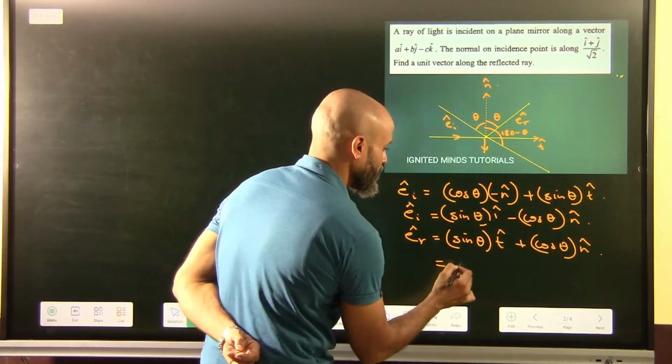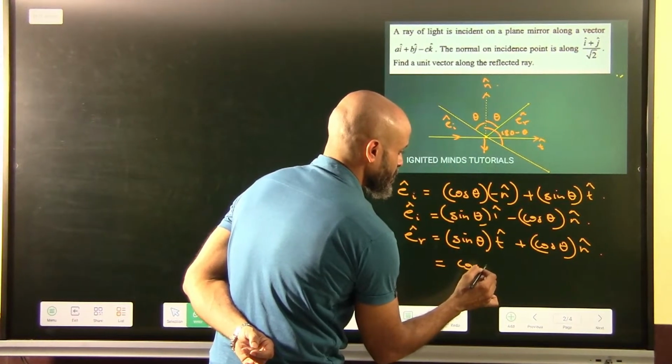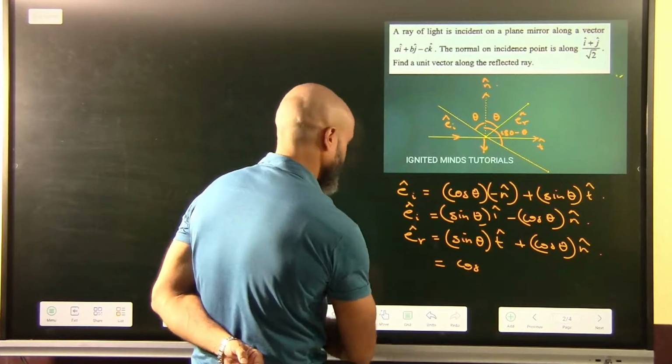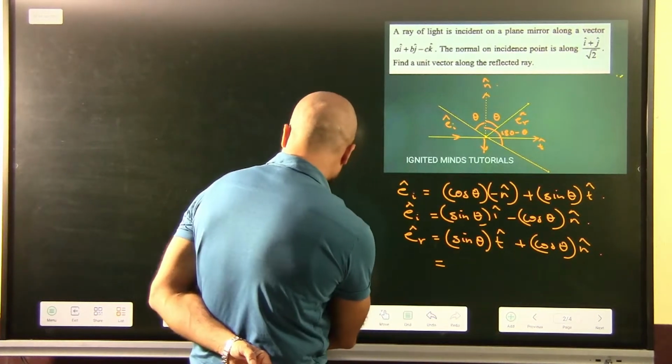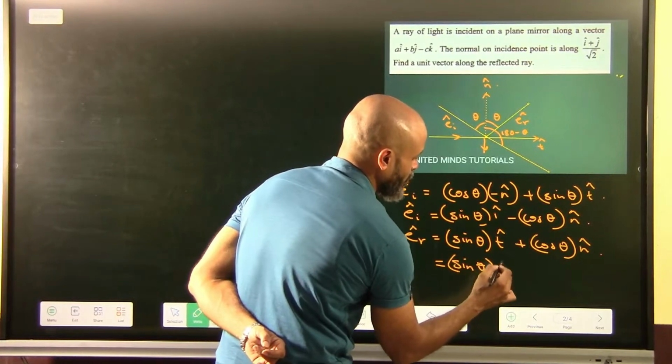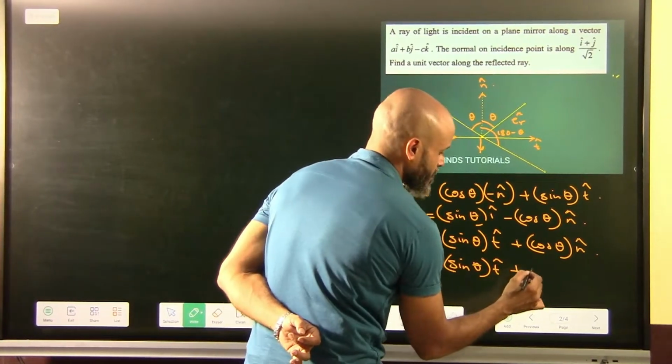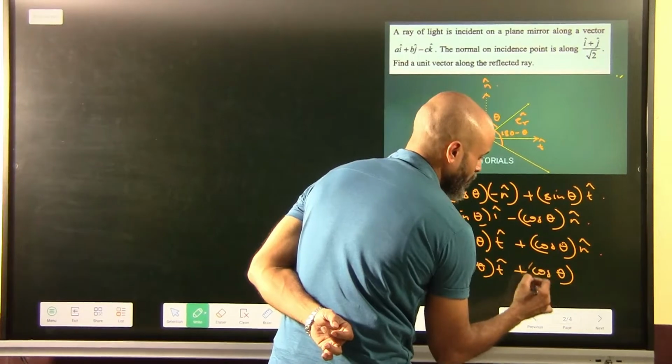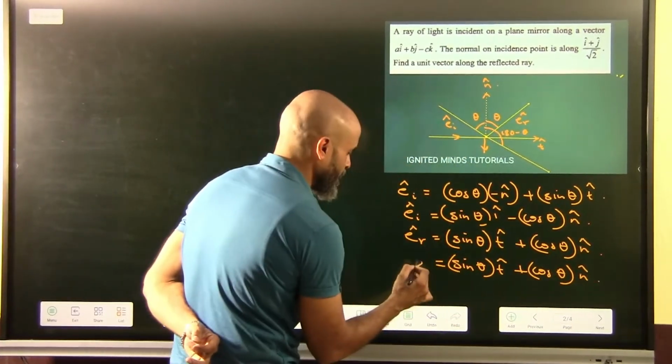So here it will be sine theta along the tangential component, that is this component, plus cos theta into normal. So this will be ER.